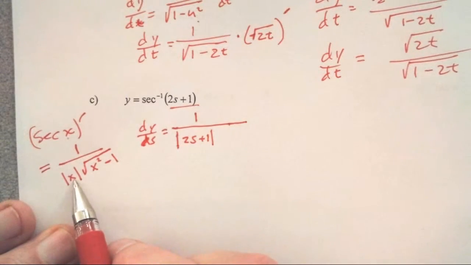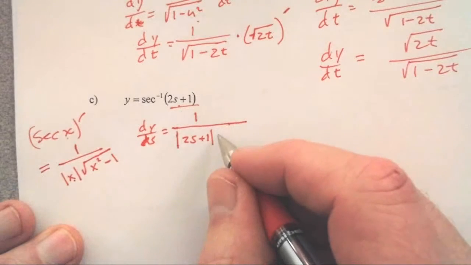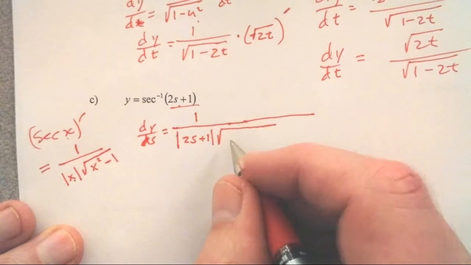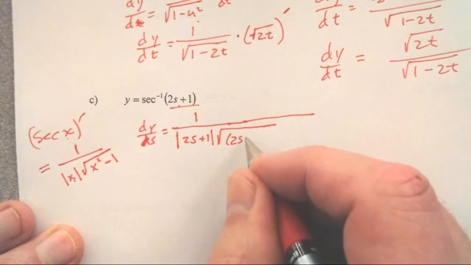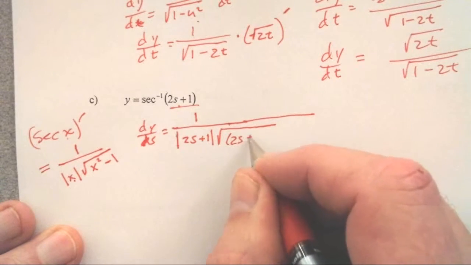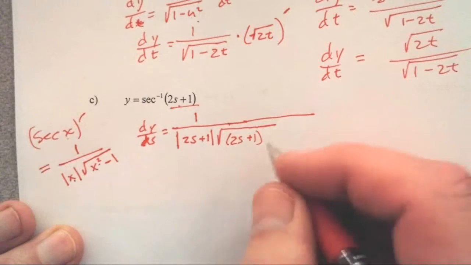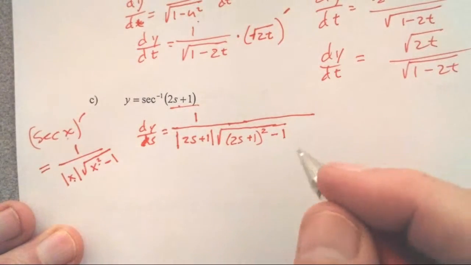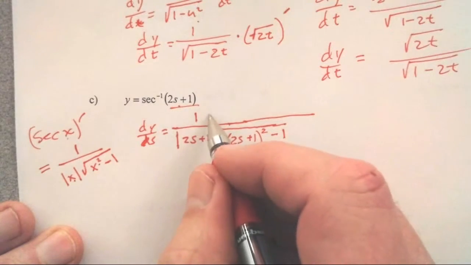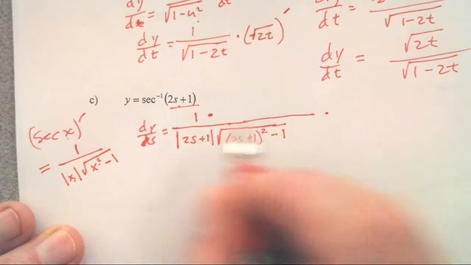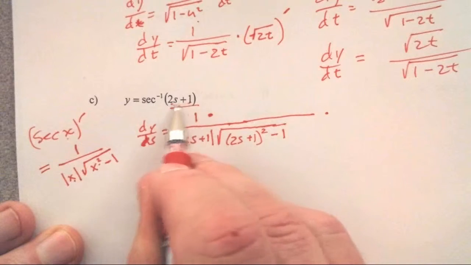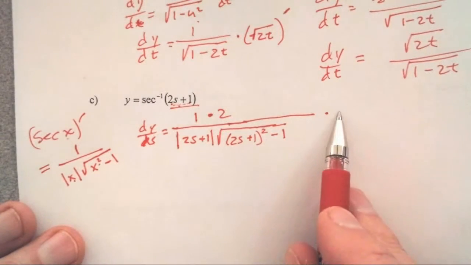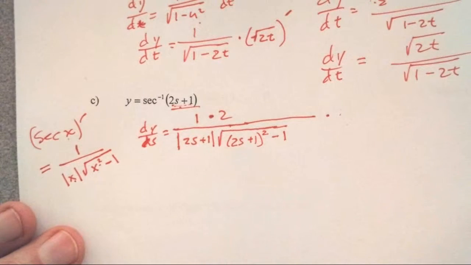So it's absolute value of the baby function times square root of the baby function 2s plus 1 squared minus 1. Treat the baby function. I could put that times out here, but the derivative of the baby function is just 2. I could put 2 over 1 here, but it's going to get multiplied into that numerator.